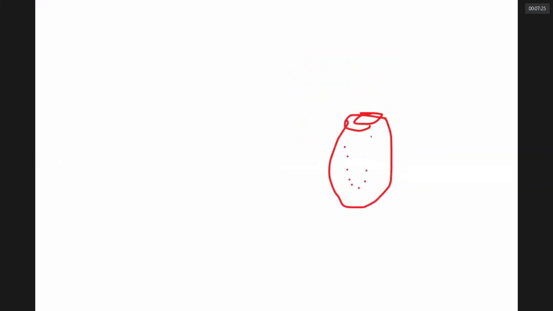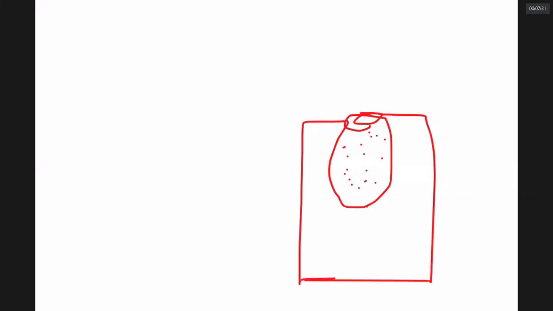But it has holes. This is fitted in a container. This container has an opening here, also an opening here, and an opening here.